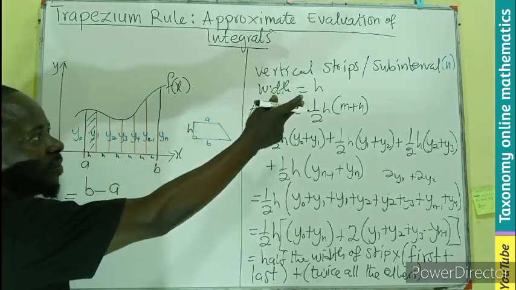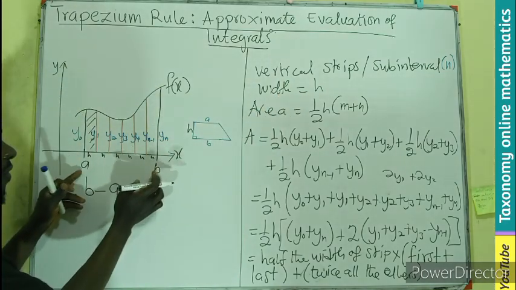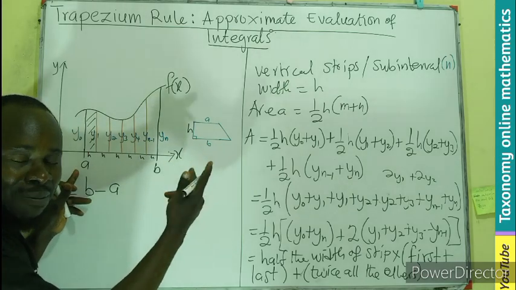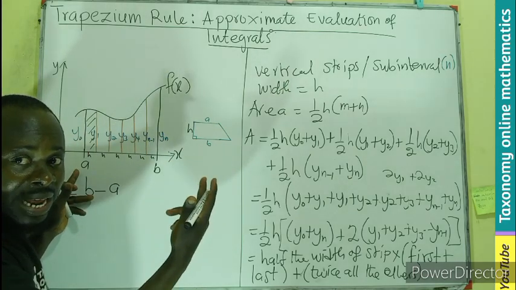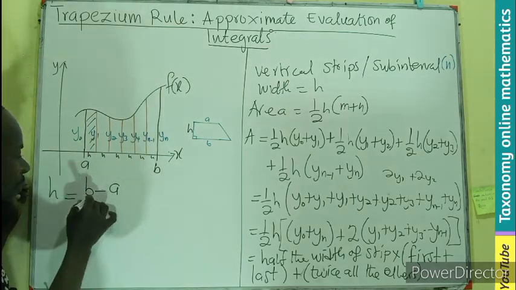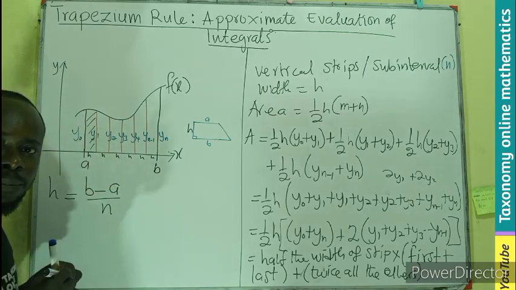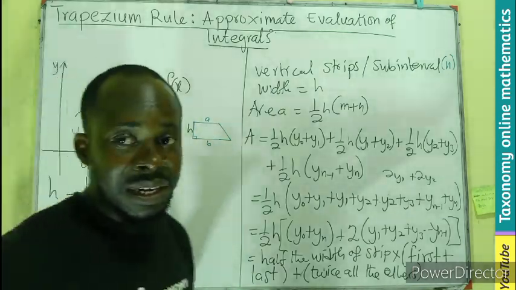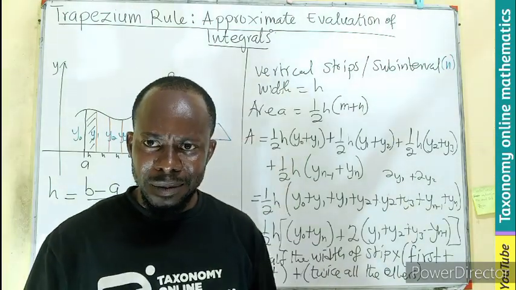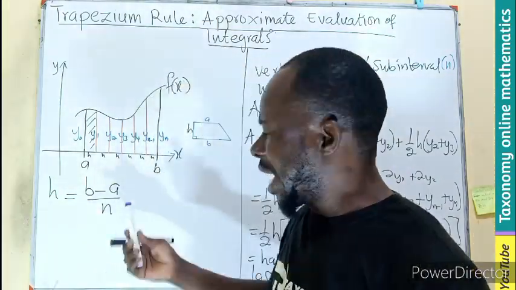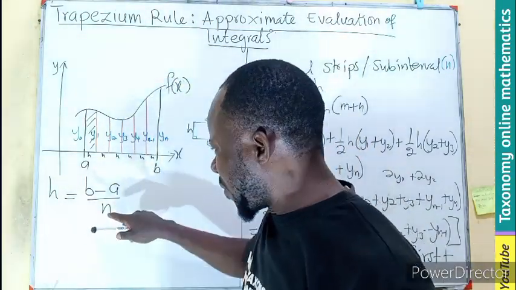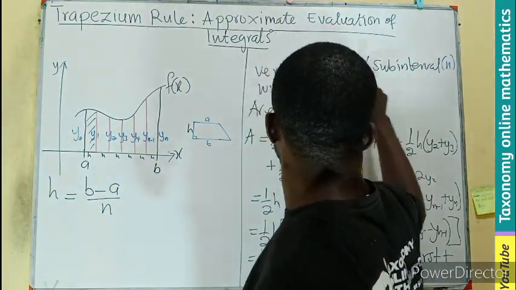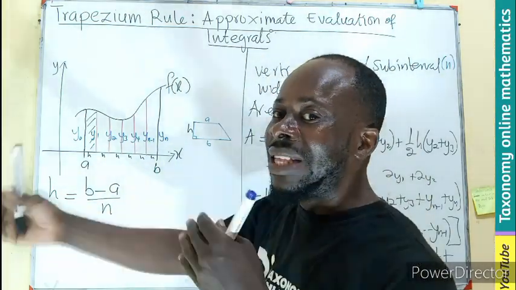If I'm having 4, it means after I find the difference from here to here is 10, 10 divided by 2, 2 being the width of the stripe, I am able to divide by the n. So this becomes the formula for finding the height. If you want to find the height, we can use this. Now, remember this n is the vertical stripe or the sub-interval.